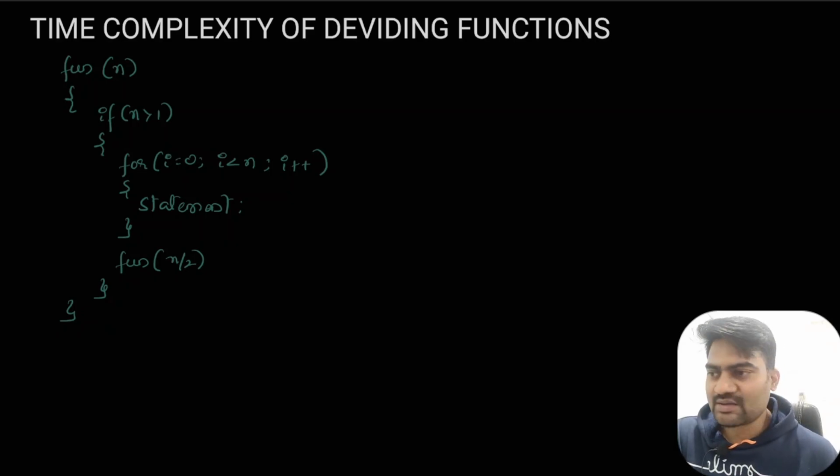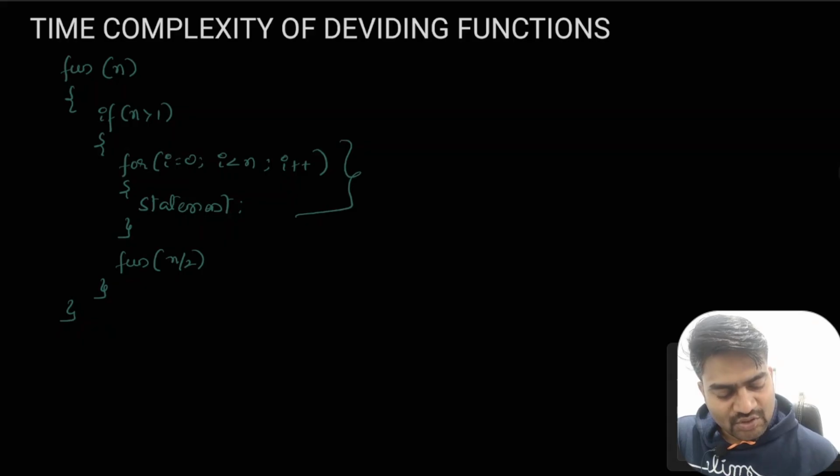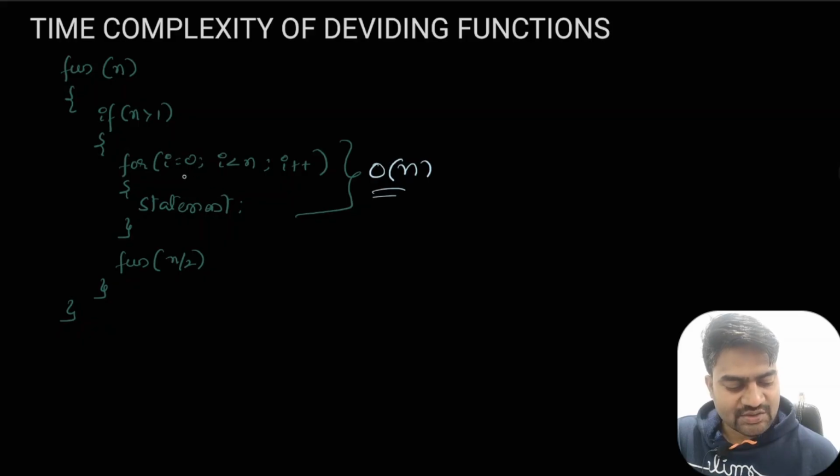Here is an example where we have a function f of n and it checks if n is greater than 1. If that is the case, it does something with this for loop. It is of order n because it iterates from 0 to n.